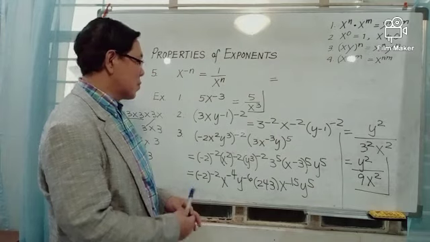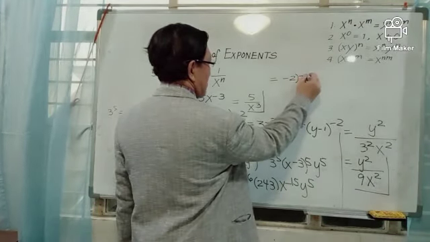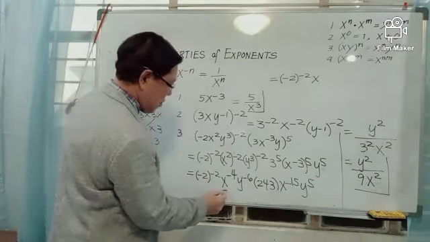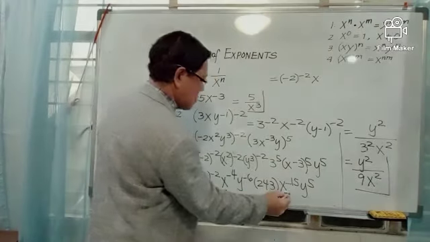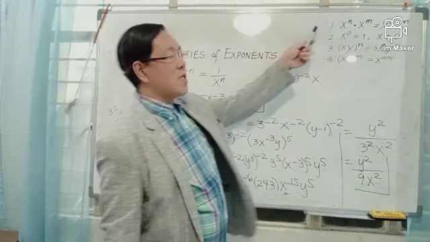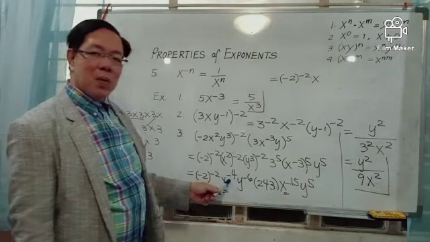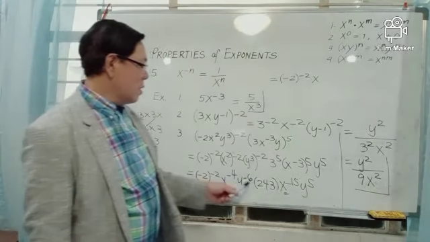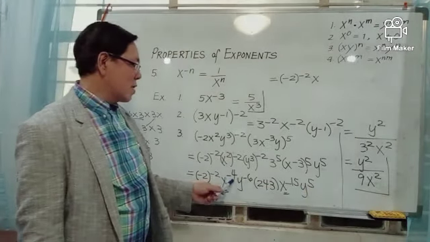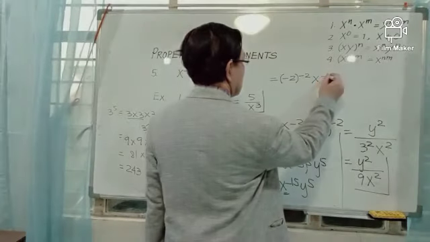We retain negative 2 to the power negative 2. Multiply by x, common base is x. And we apply the first property of exponent. Copy the common base and add the exponents. Negative 4 plus negative 15, or negative 4 minus 15, is negative 19.